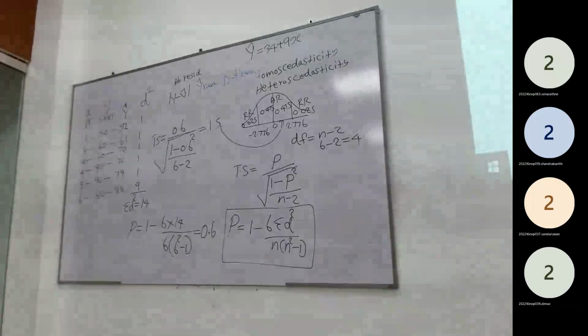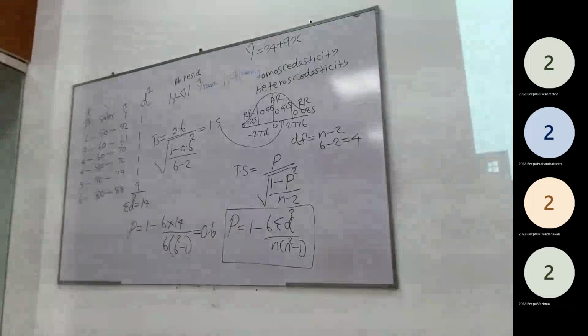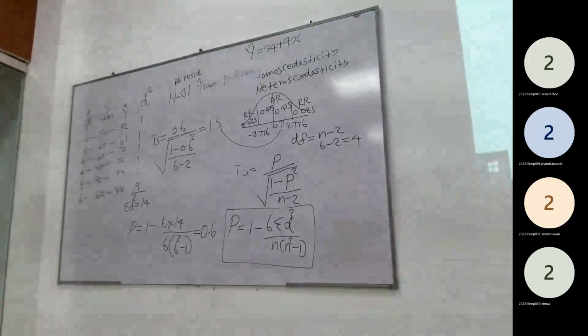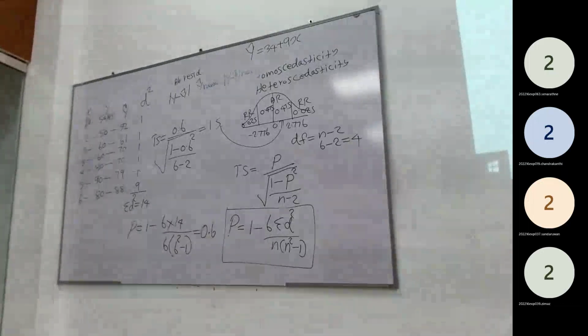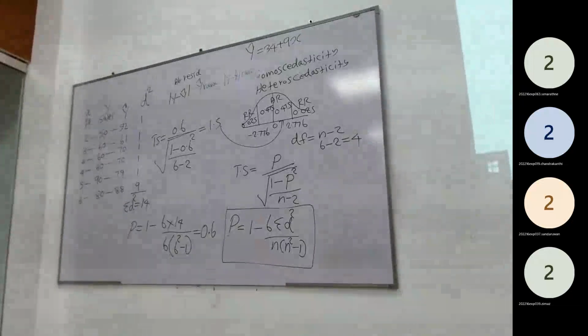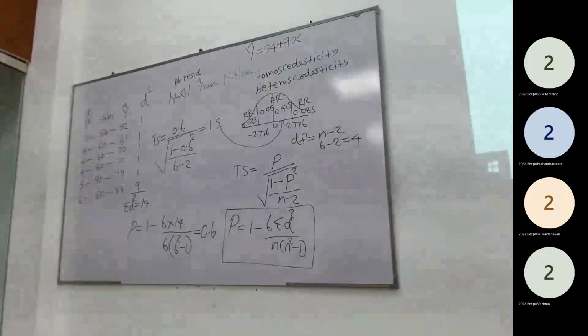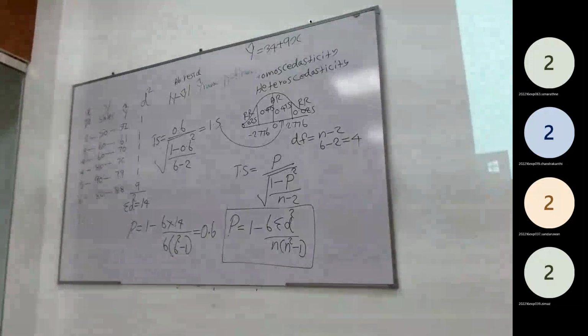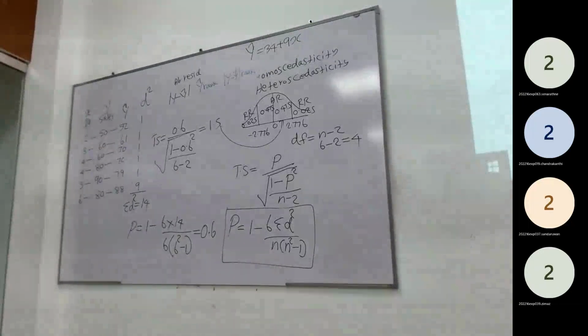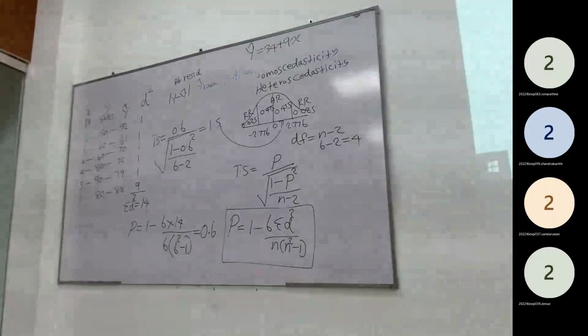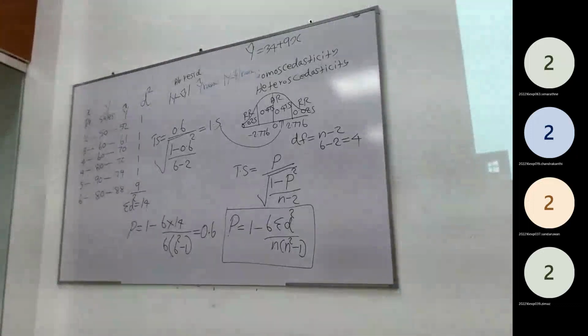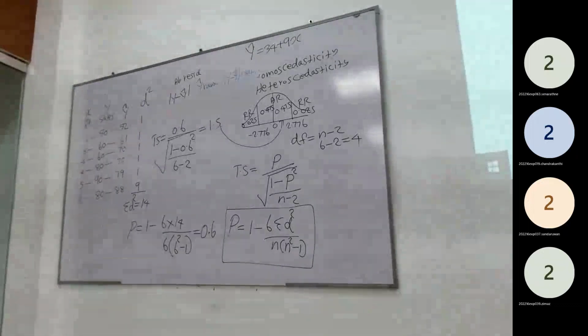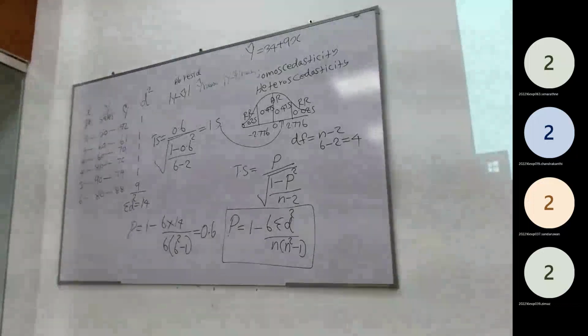Like that you can test. That is the advanced part you learn for the heteroscedasticity test. I used the Spearman rank correlation to take the decision, but there are more methods. Another method is the Breusch-Pagan-Godfrey heteroscedasticity test.